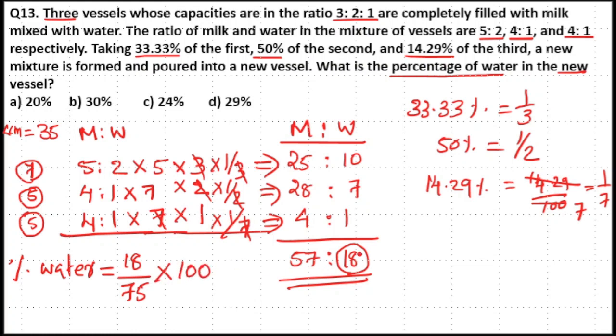This is 18 units water and total mixture is 75 parts. So 25 into 3 is equal to 75, 25 into 4 is equal to 100, 3 into 6 is equal to 18. So 6 into 4, 24 percent is your percentage of water. So option C is your answer.